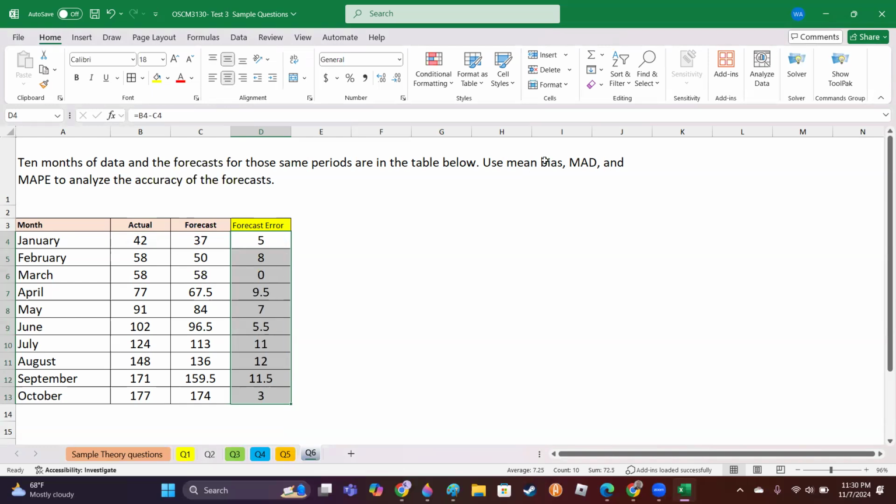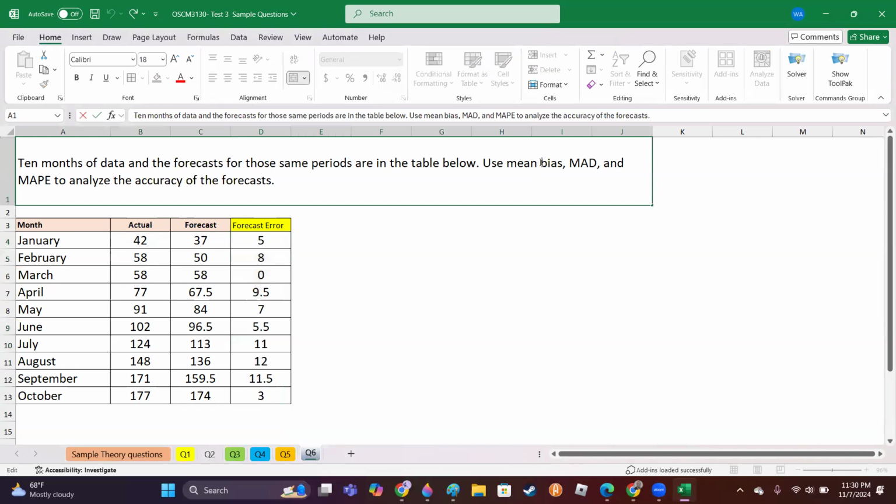Now, to answer the first question on bias, our mean bias. Bias is calculated using two specific calculations. One is your cumulative sum of forecast errors, or CFE, or the average forecast error, AFE.